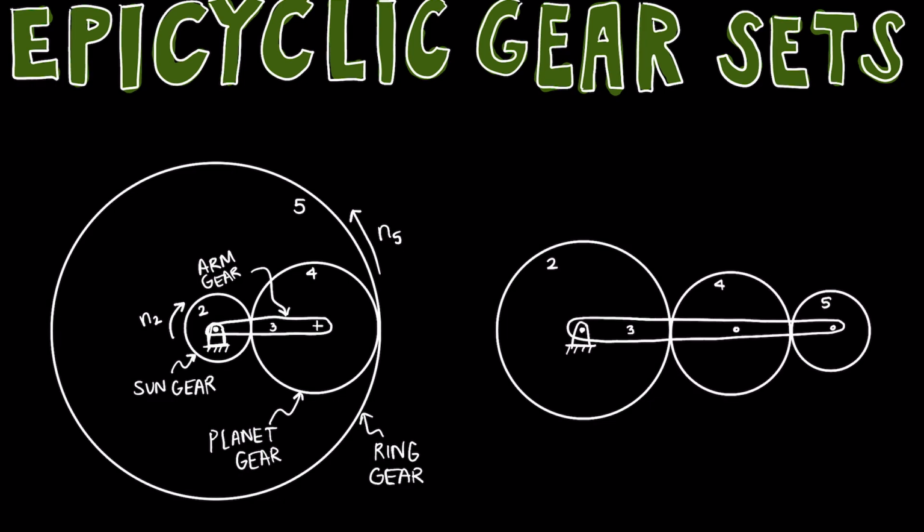Okay, so here's another setup that you might have for a planetary gear train. And now let's start relating some of these angular velocities to one another. So we know that the angular velocity of gear 2 relative to gear 3 is just going to be equal to the speed of gear 2 minus the speed of gear 3.